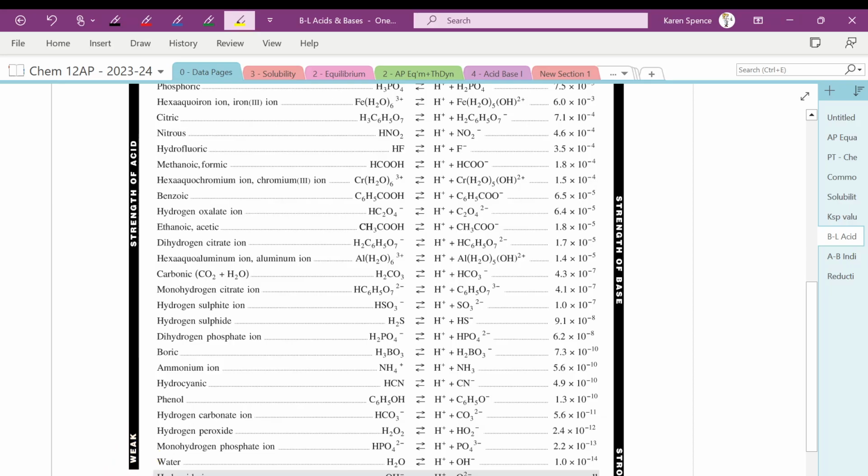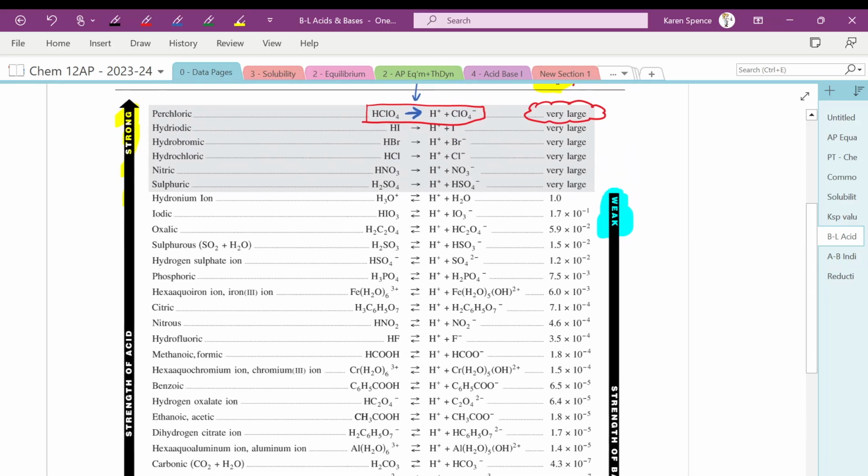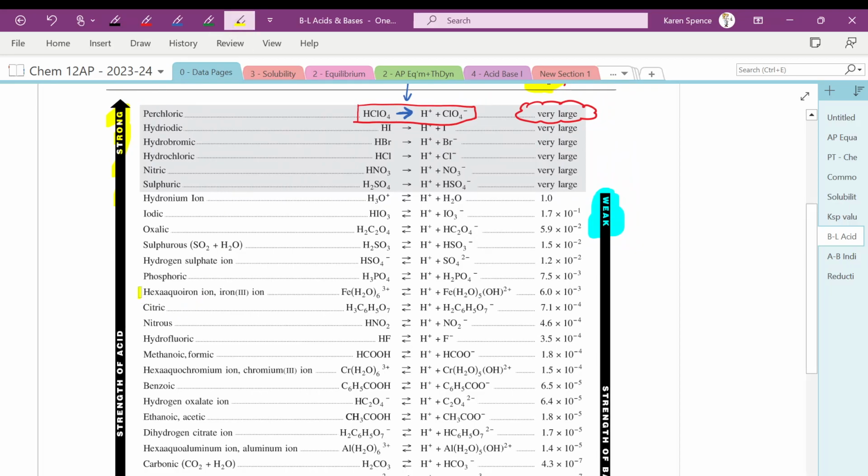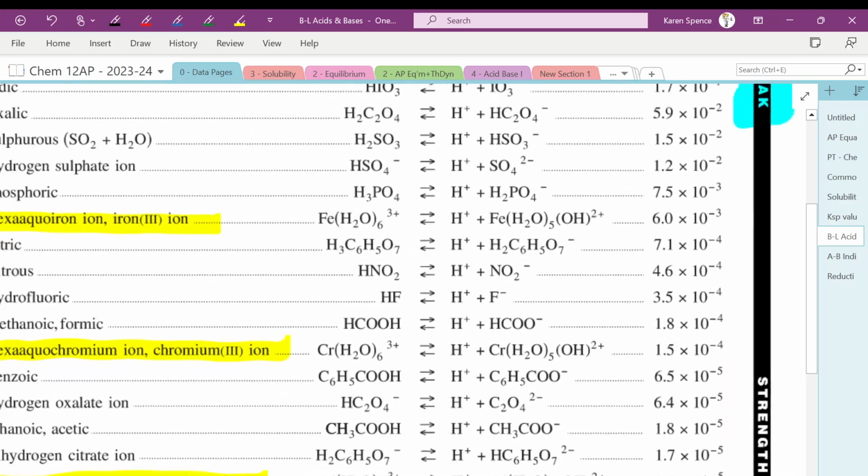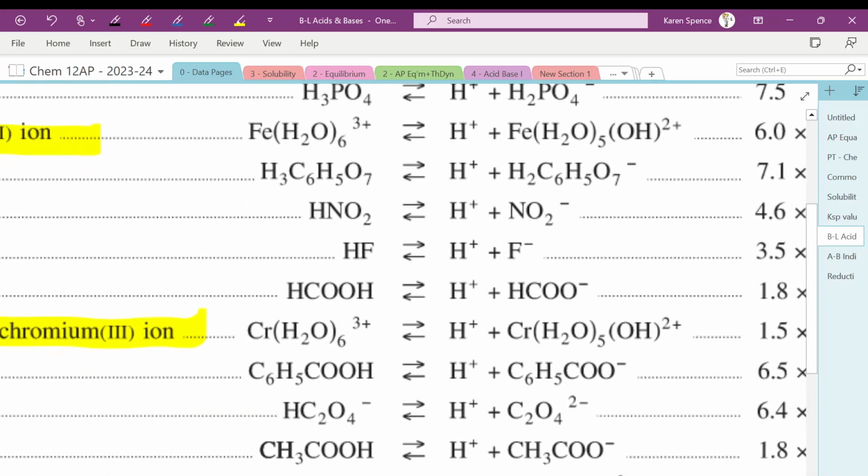If you're looking for Fe, Al or Cr, those are your hexaaqua iron, your hexaaqua aluminum, and your hexaaqua chromium. The names are ginormous, so you can look and say, oh, here's a big name. It's longer than everything else. Here's another big name. And I can pick the one that has to do with chromium.